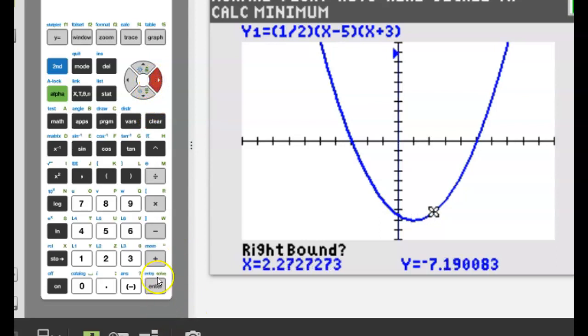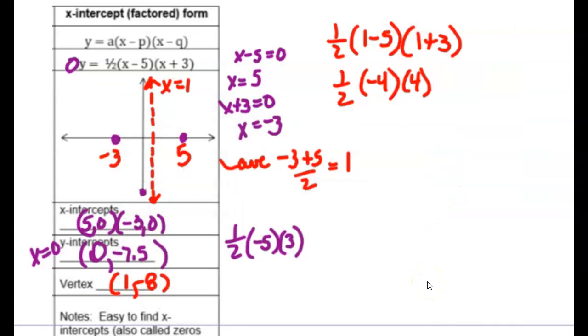I'm a little bit to the right of what I want to find now. Now, this is calculator error, guys. Your calculator is estimating. What it does is it cuts it into smaller and smaller pieces until it finds as low as it can go for the y. So that is really 1, negative 8, okay? This is just calculator error. So you need to recognize that, and you would just get 1, negative 8.